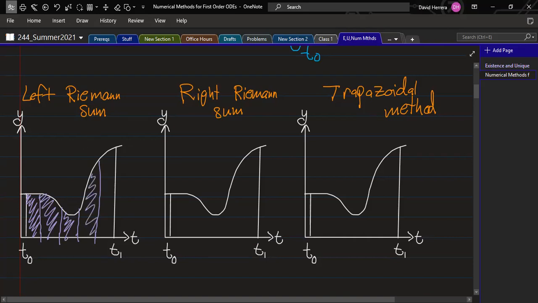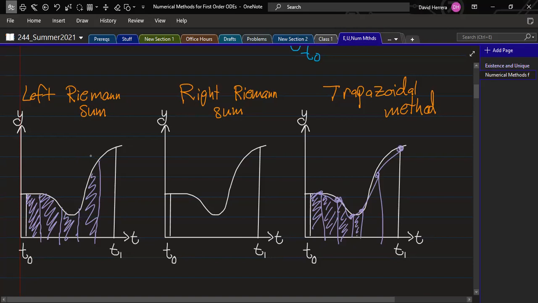Or maybe it's some other shape. Maybe it's not a rectangle, maybe it's a trapezoid. So maybe you approximate with a trapezoid, not a rectangle. And what you do is you calculate the area under these shapes. So these are trapezoids. Here, they're going to be rectangles.